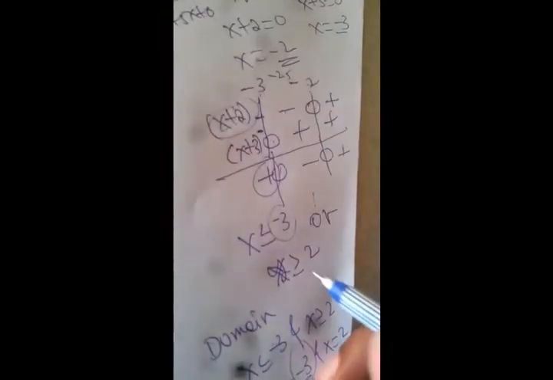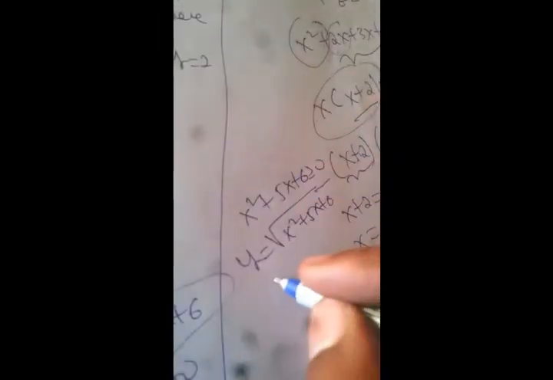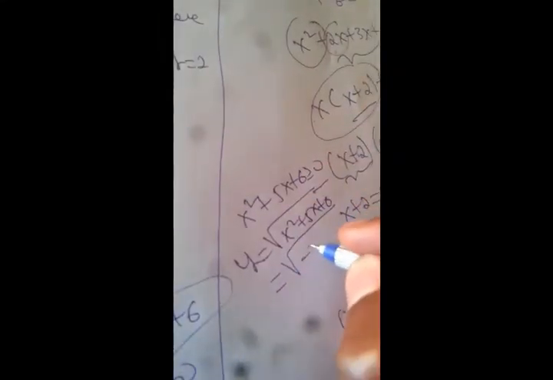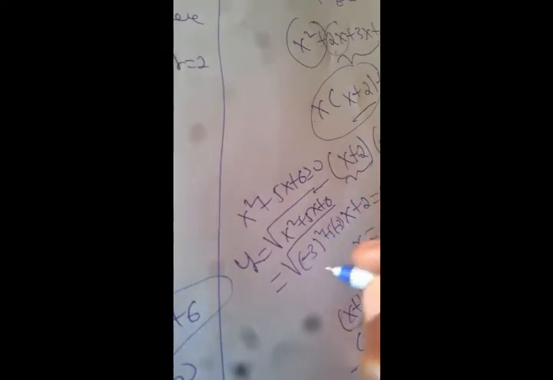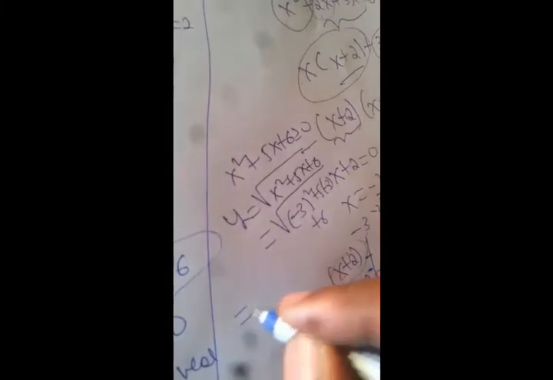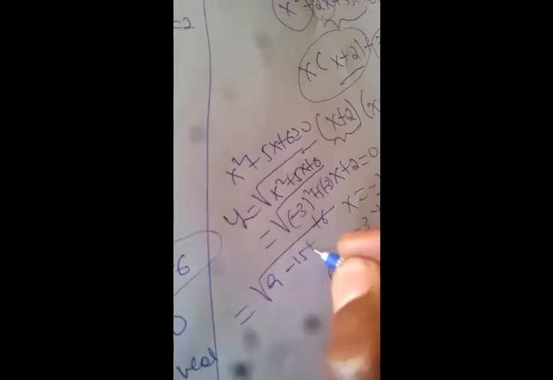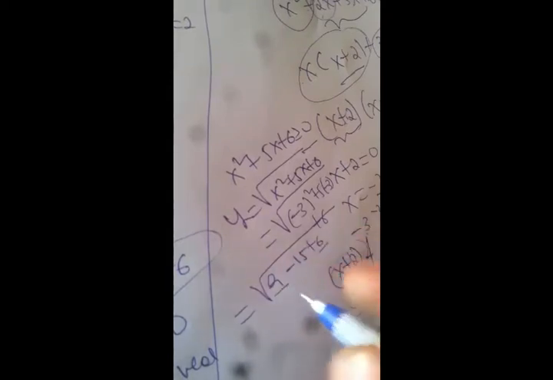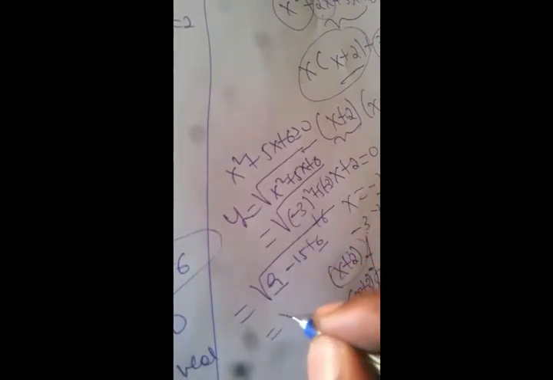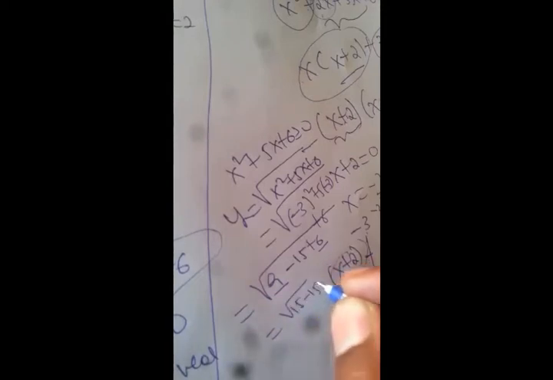When you insert negative 3, the square root of negative 3 squared plus 5 times negative 3 plus 6. Therefore this is equal to negative 3 squared, 9, plus 5 times minus 3, which becomes minus 15, plus 6. 9 plus 6 minus 15 gives 0.